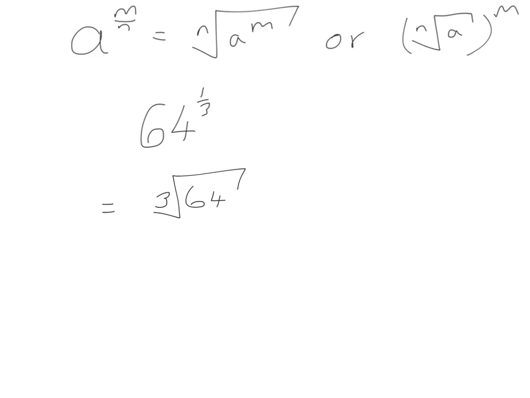And I could write to the power 1, but generally we don't write to the power 1. So I want to find the cubed root of 64. I need to think, what times by itself 3 times is 64. If we think of 4 times 4 times 4, that would give me 64. So the cubed root of 64 is 4.